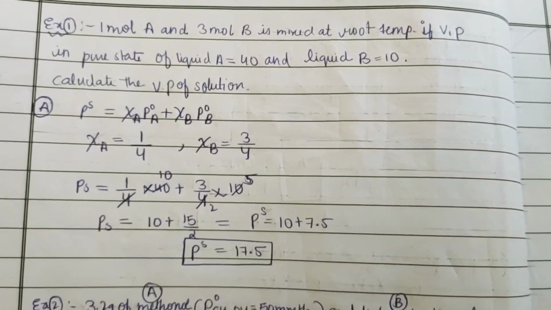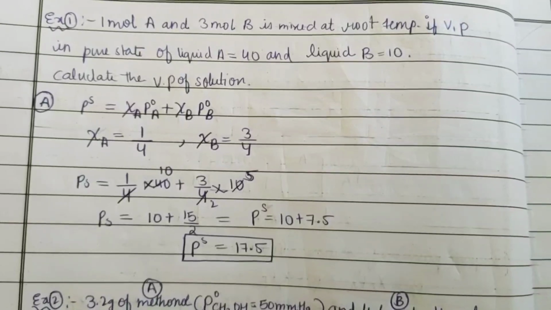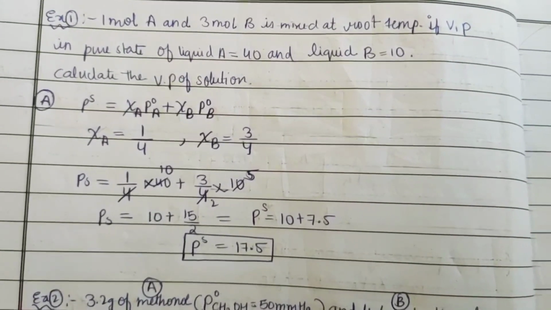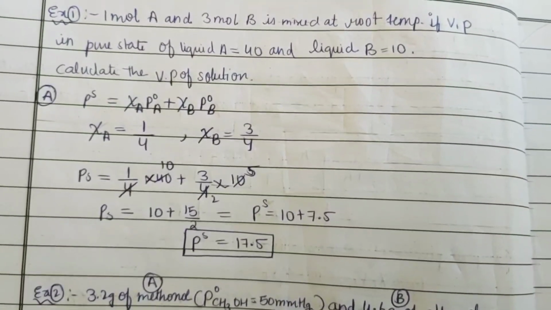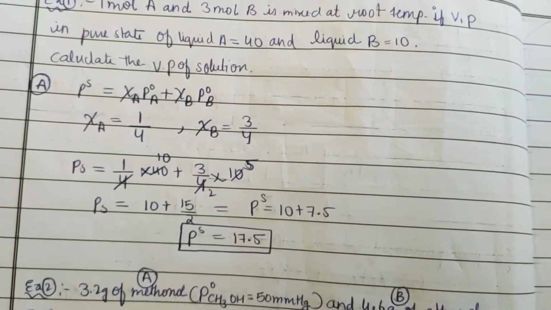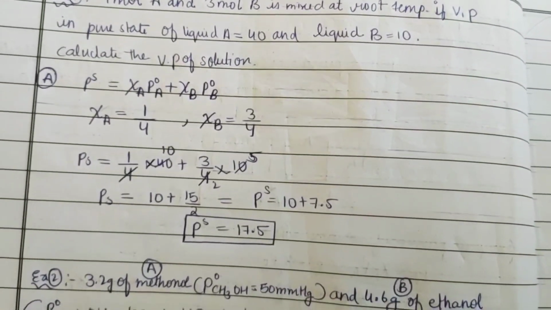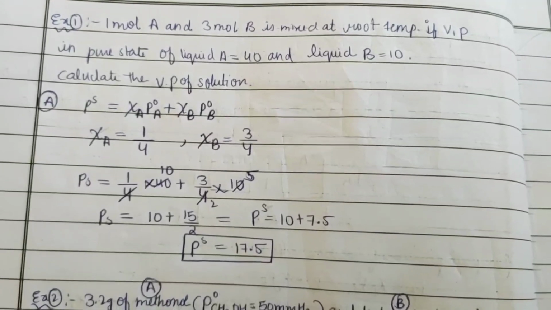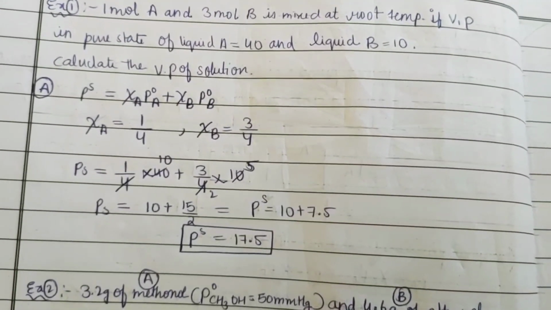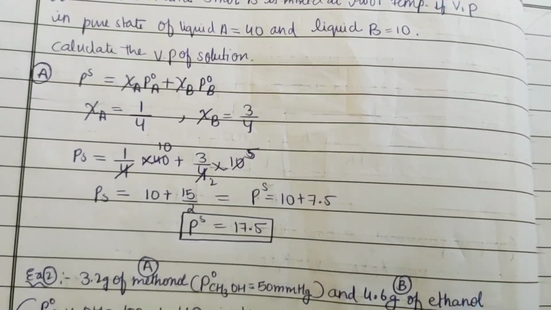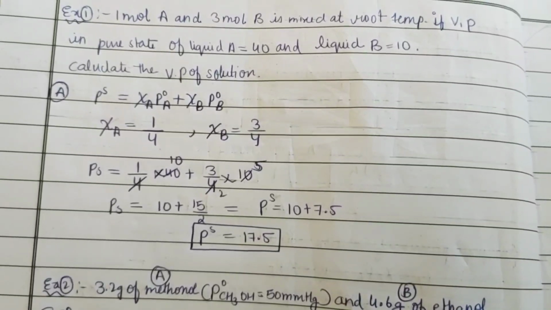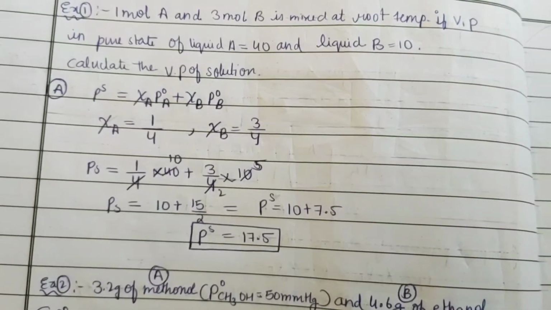Now let us discuss some example problems. First, 1 mole of A and 3 moles of B are mixed at room temperature. If the vapor pressure in pure state of liquid A is 40 and liquid B is 10, then calculate the vapor pressure of the solution. Here Ps equal to chi A Pa naught plus chi B Pb naught. Then chi A equal to 1 by 4.